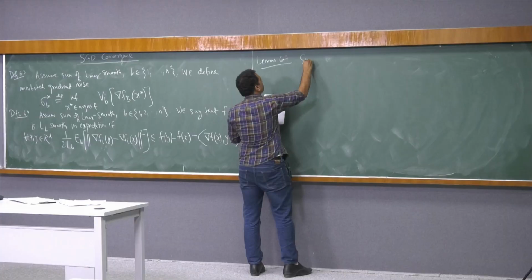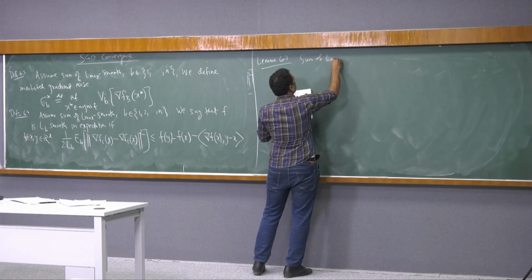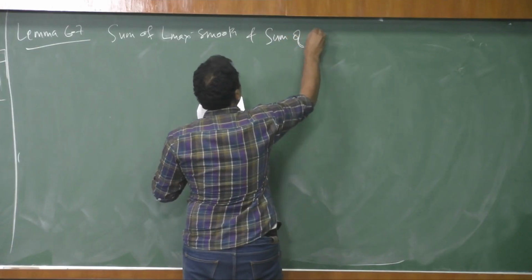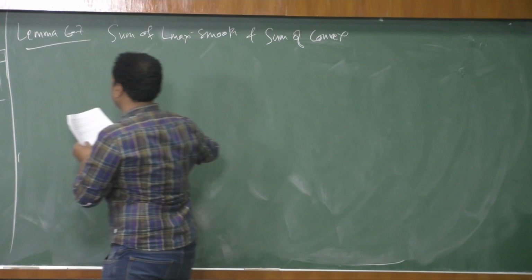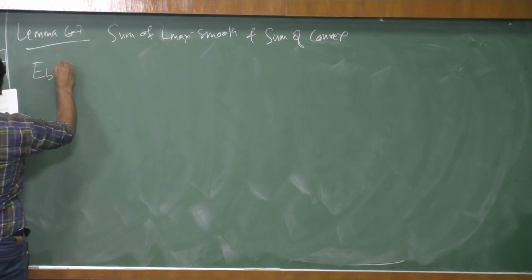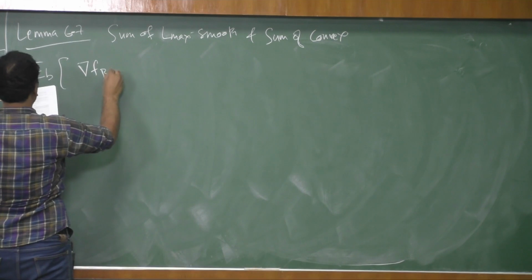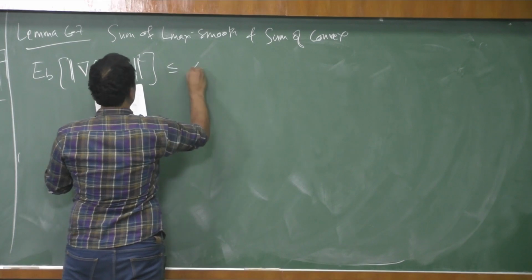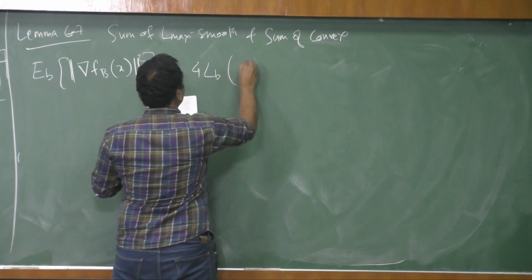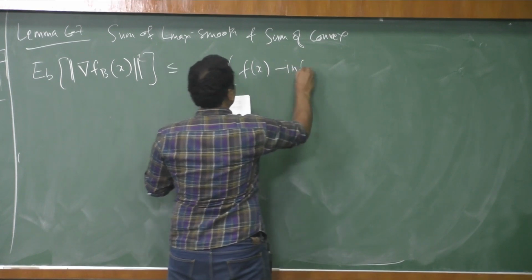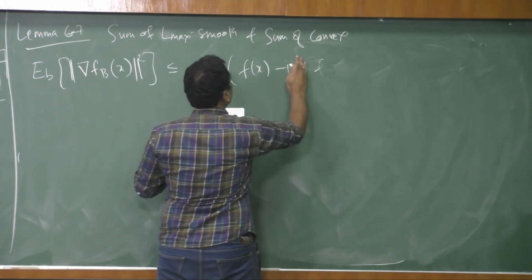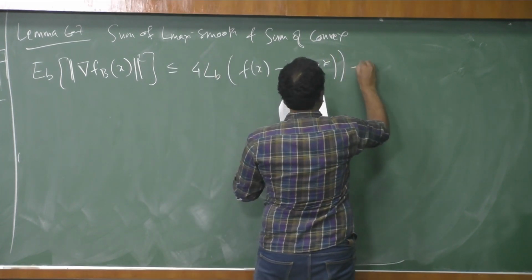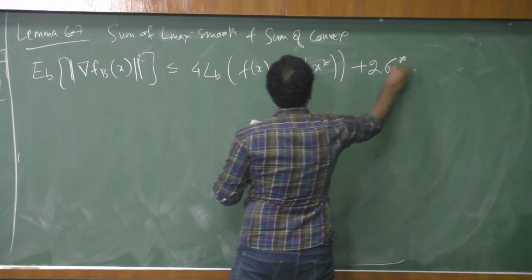Assume some L max smooth and some convex, then the expectation over B of the norm squared of grad F_B(x) is less than or equal to 4 L_B times F(x) minus the infimum of F, the usual way, which is F(x star), plus 2 sigma_B star.